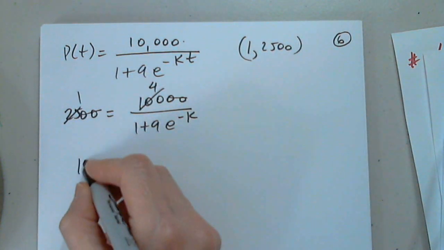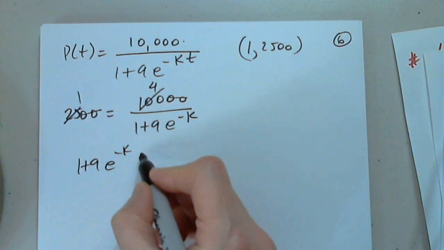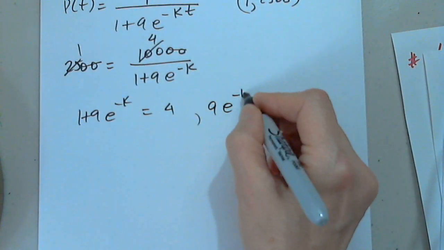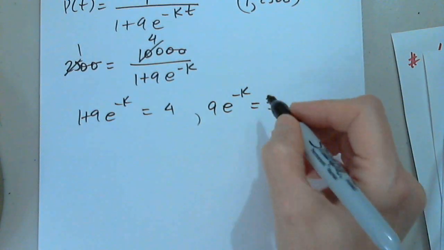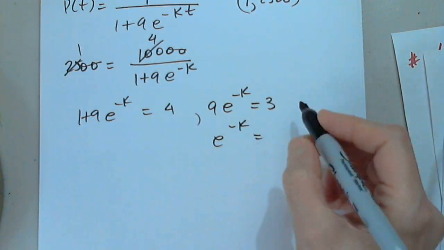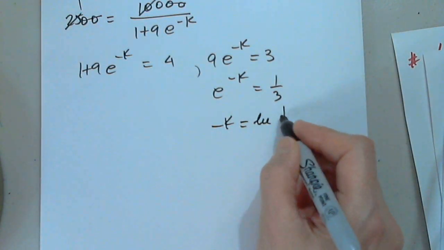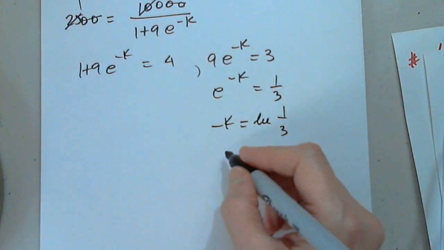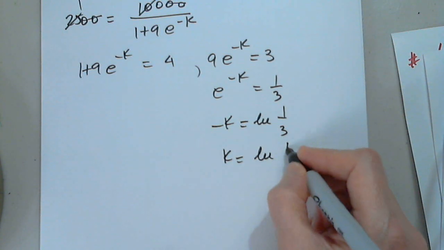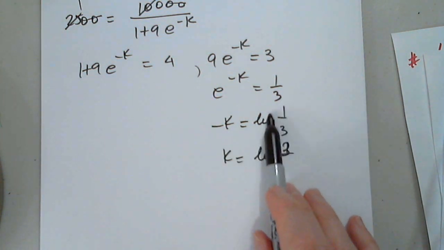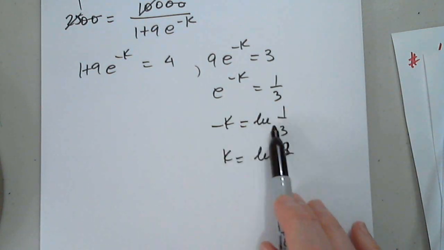Cross multiply. 1 plus 9 e to negative k equals 4, or 9 e to negative k, subtract 1, equals 3, or e to negative k equals 1/3, or negative k equals natural log of 1/3, or k equals natural log of 3, because we multiply both sides by -1, and 1/3 has power -1.